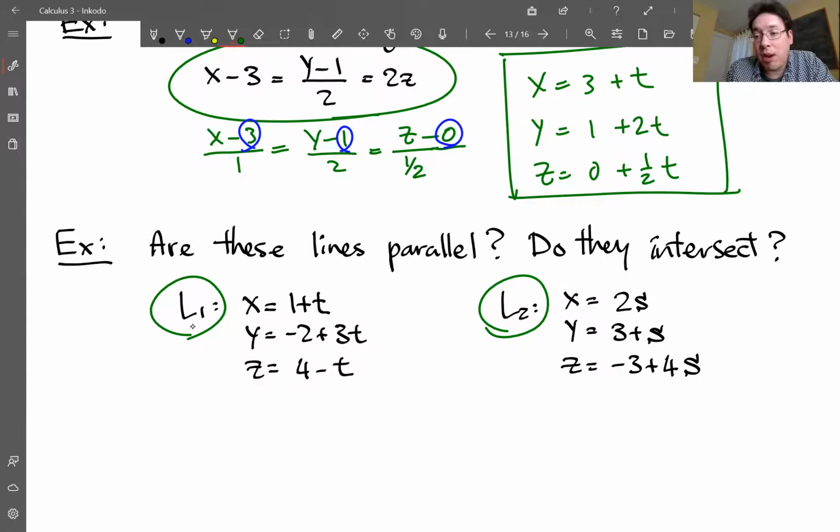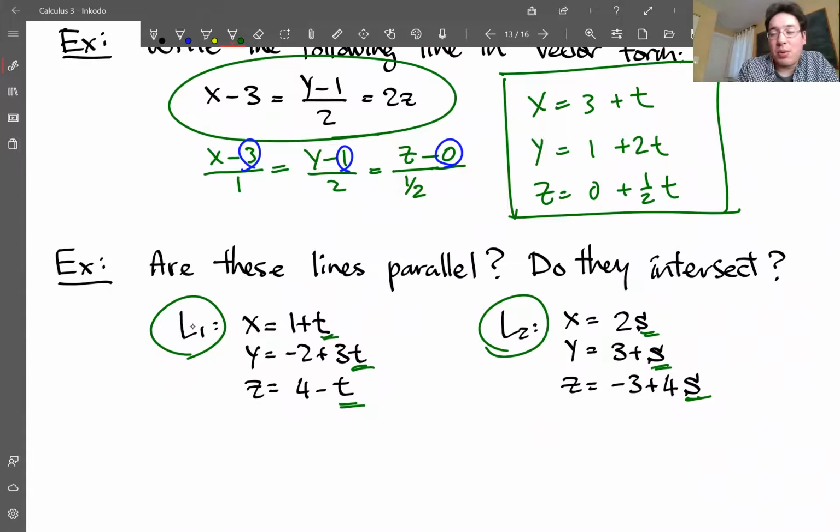When we're looking at parametric form, the parameters for each of the lines do not have to be the same. So I intentionally used a different letter here. The parameter for the first line is called t, and the parameter for the second line is called s. I try to draw s so it does not look like 5. So I hope that's good.